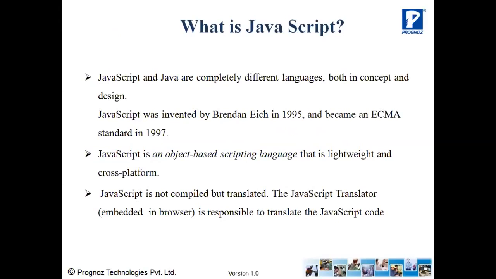JavaScript was invented by Brendan Eich in 1995 and became an ECMA standard in 1997. So we can say it actually came into use from 1997. It is an object based scripting language that is lightweight and cross platform.